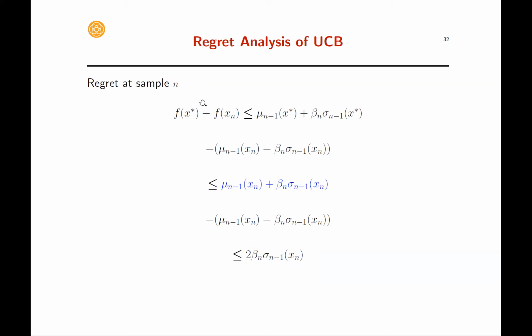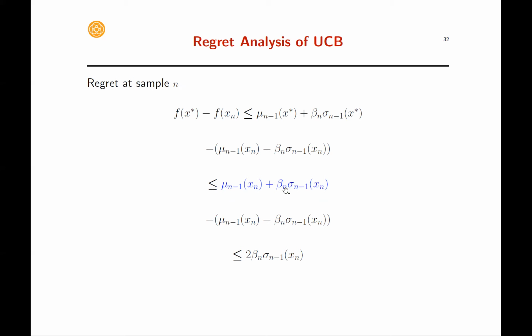So instead of f(x*), I just write the upper bound on f(x*), and instead of f(x_n), I just write a lower bound on f(x_n). These are the upper bound and lower bound that our kernel-based model gives for f(x*) and f(x_n). Basically quite simple. The first step is quite simple, and the second step is the magic of UCB.